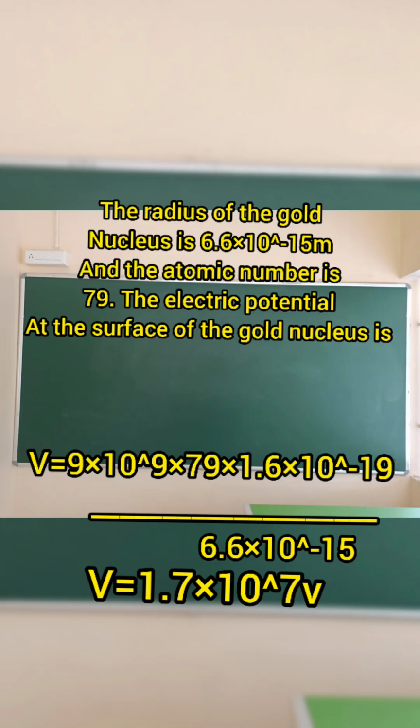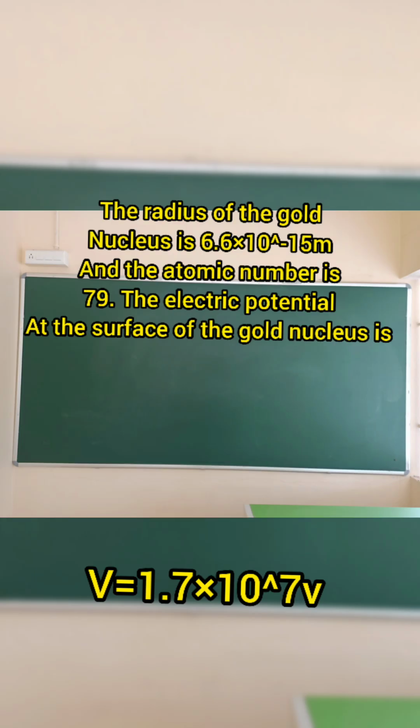The radius of the gold nucleus is 6.6 into 10 power minus 15 meters. On substituting all these values in the formula V is equal to 1 by 4 pi epsilon naught into Q by R, we will get 1.7 into 10 power 7 volts.